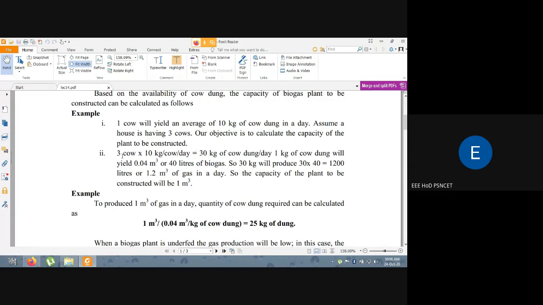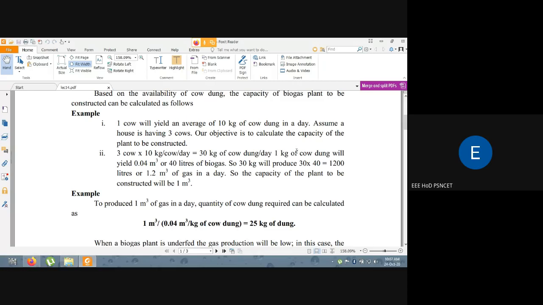Totally three cows, and one cow gives 10 kg of dung, so 30 kilograms of cow dung can be obtained.